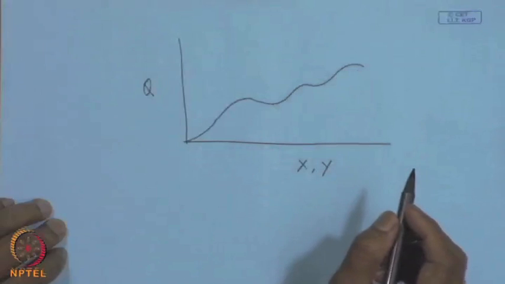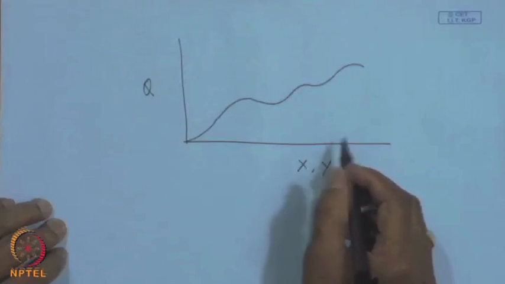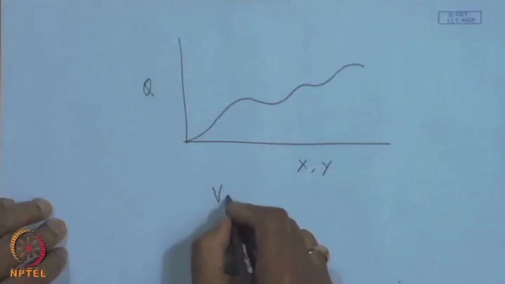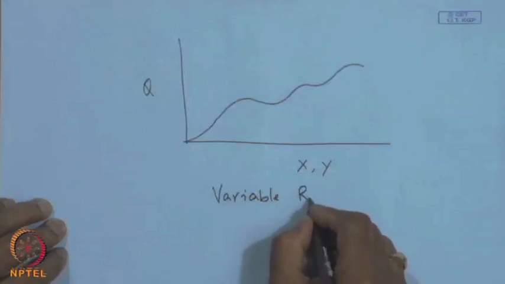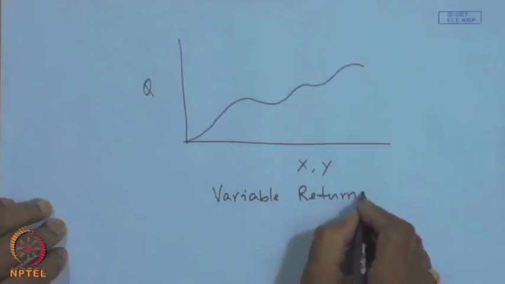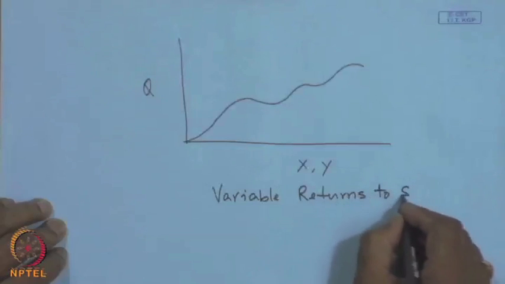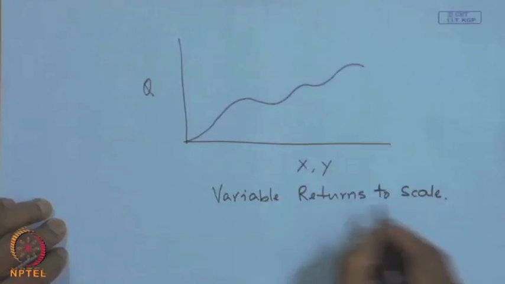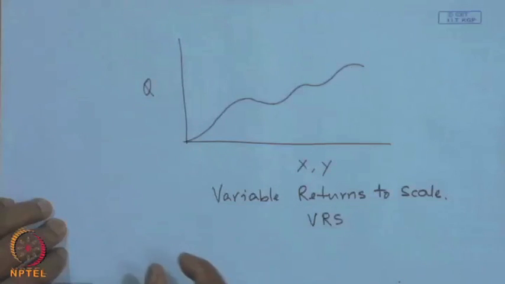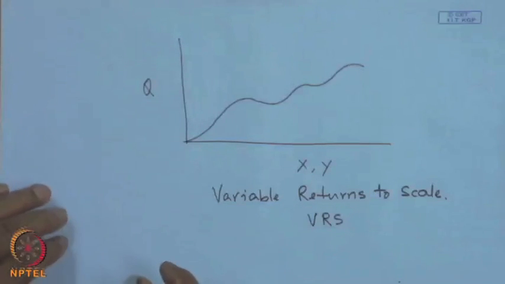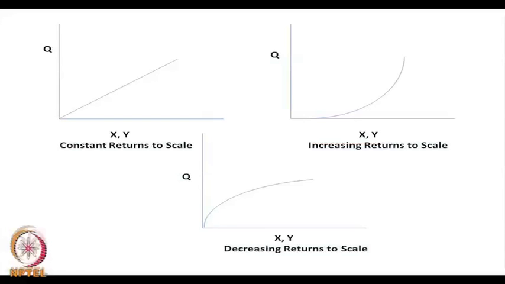Then we say that it is a case of variable returns to scale, or VRS. CRS for constant returns to scale, IRS for increasing returns to scale, and DRS for decreasing returns to scale.